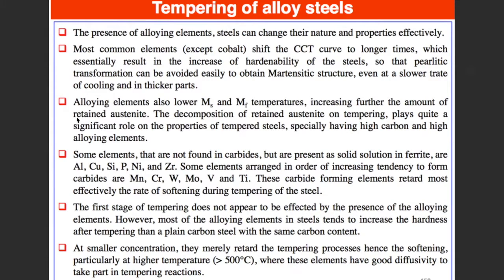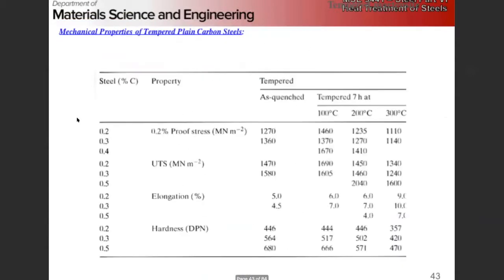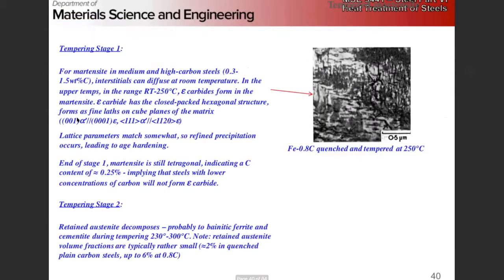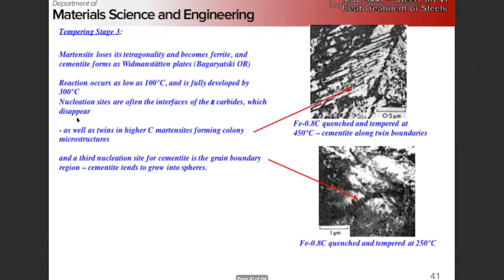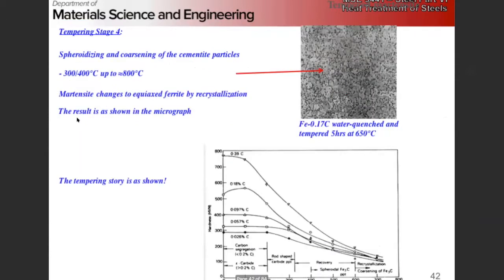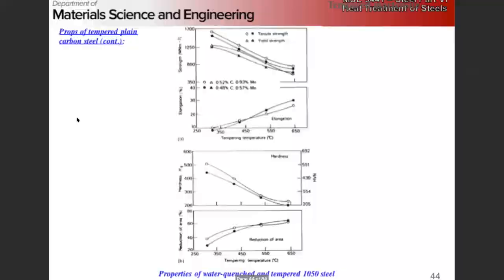Okay, so on Wednesday we left off talking about the tempering of carbon steel, and the four stages of tempering, and how the diffusion of carbon out and the transition from tetragonal to cubic and the growth of epsilon carbide and cementite, right, and some properties.